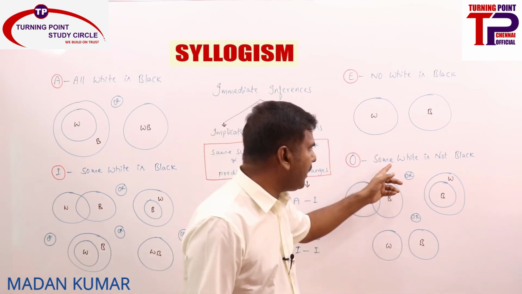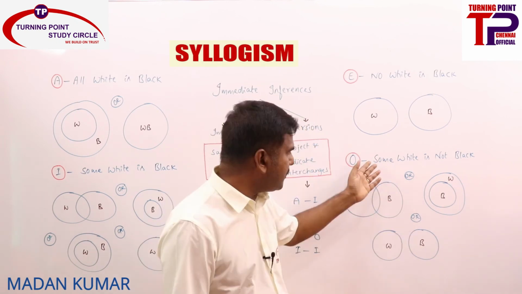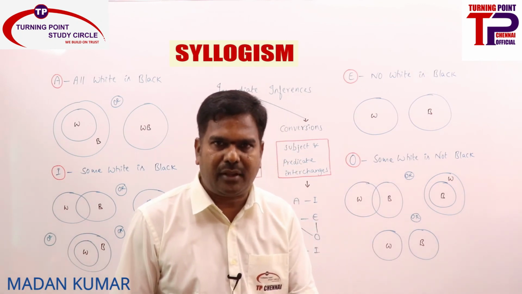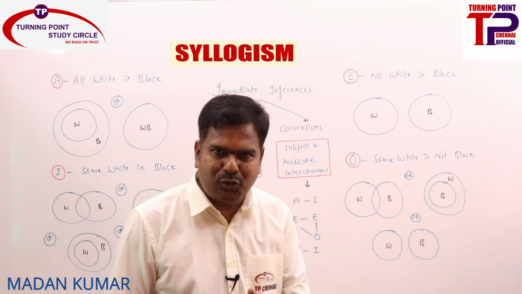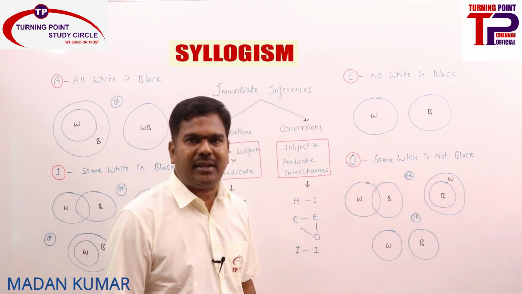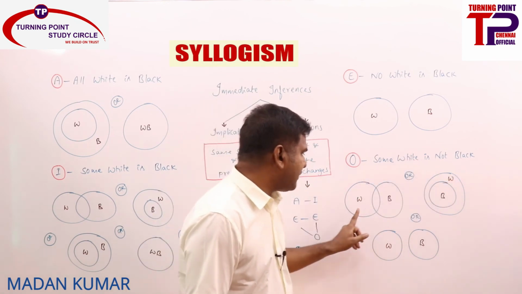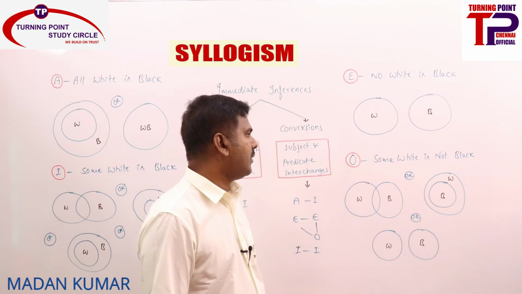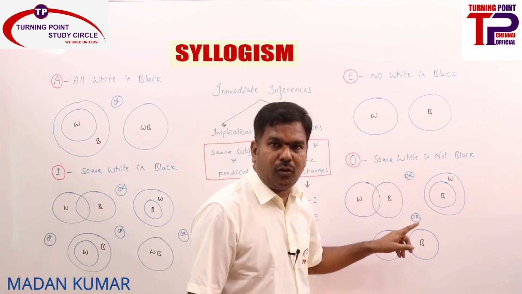So now see whether O is implied by I statement. You may be thinking that whenever we say some white is not black, some white is black is also true. We are going to prove whether it is true or not. What is I statement, ma? Some white is black. It is true here, true here. Is it true here? No. Can O be converted into I statement?